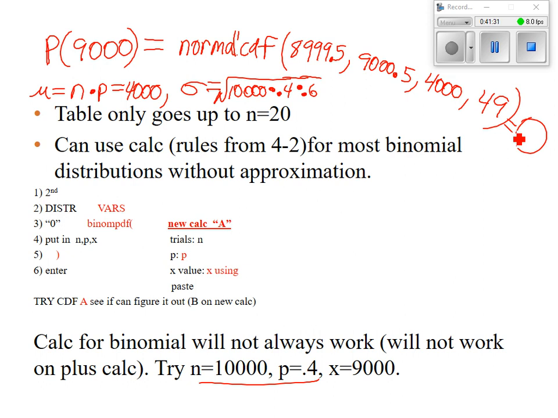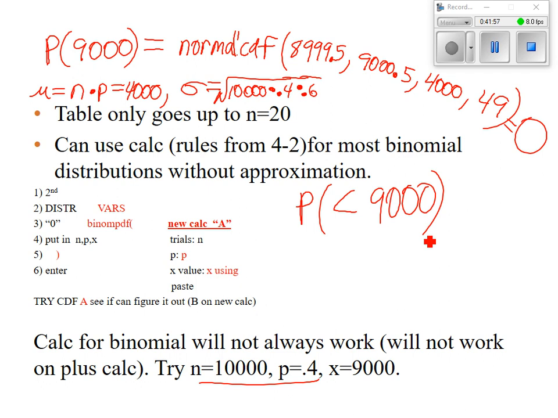Now I need you to do this. Let's do the probability that our number is less than 9,000. So now all that's going to change. You guys need to do this on your calculator so I can tell you if your calculator's messing up. If your calculator won't do it, there's certain calculators that won't do it, and then we've got to fix it.